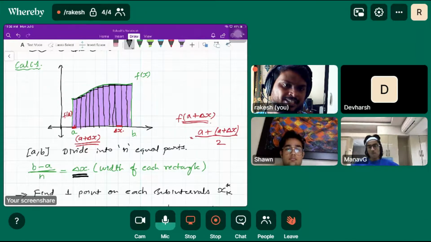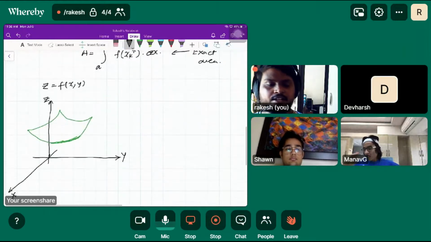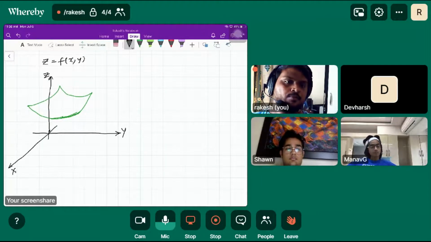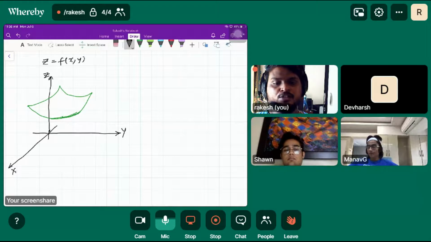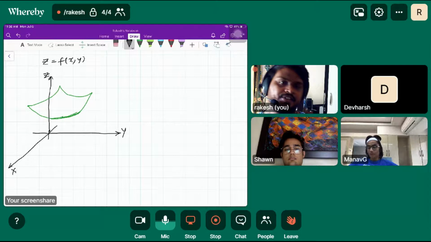That is called a definite integral, isn't it? In the same way, in calc 3, to find the volume under the surface, we must have some boundary, and that boundary must be defined in terms of independent variables.